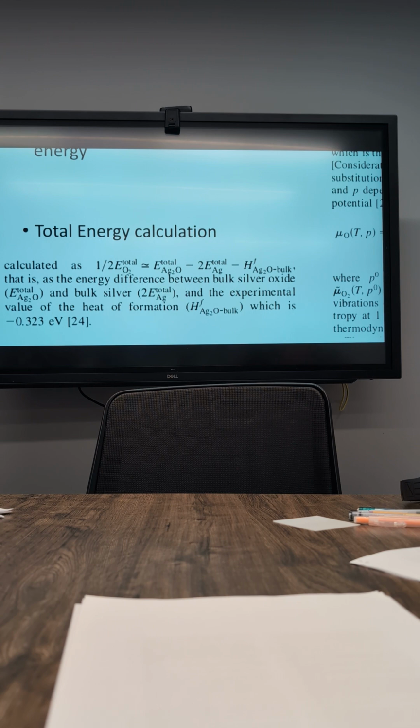So they're just trying to isolate the oxygen energy from the silver energy. So they have silver and oxygen energy minus silver, and then minus the enthalpy of the silver and the silver oxide in the bulk, just to get the O2 on the surface. Makes sense. So that's kind of where that comes from.